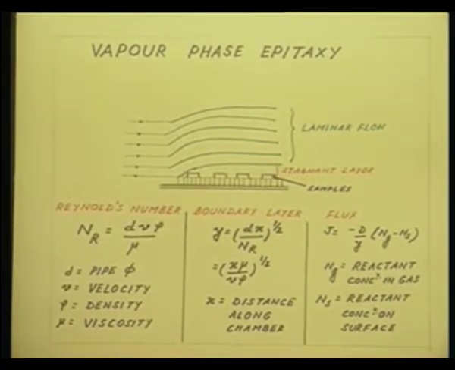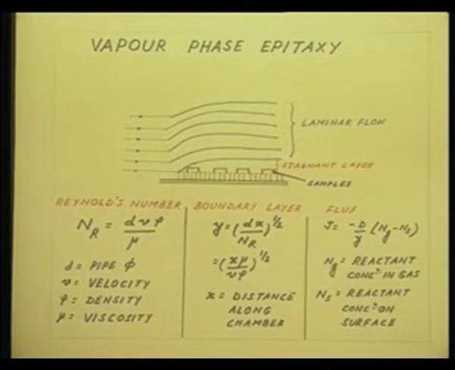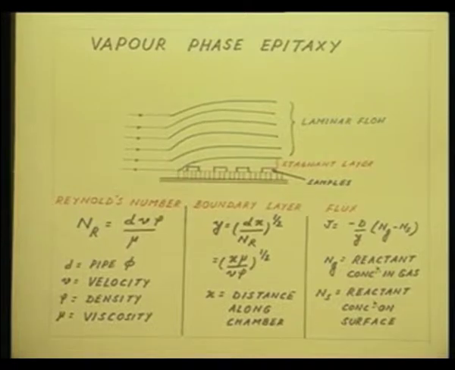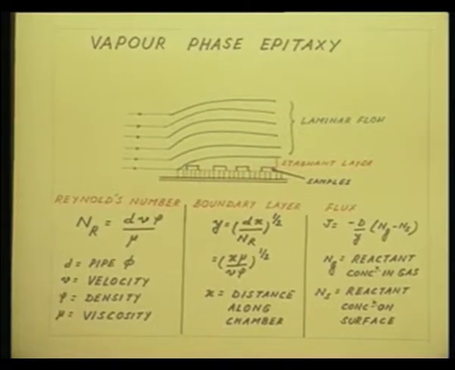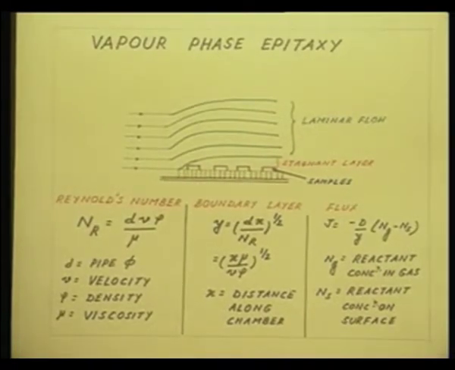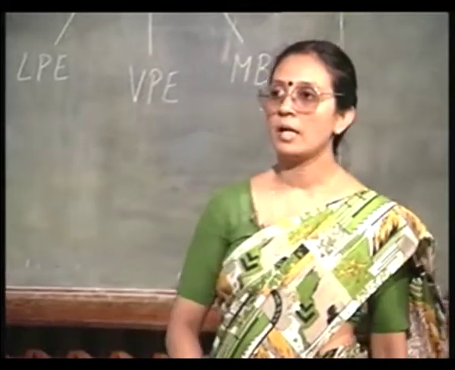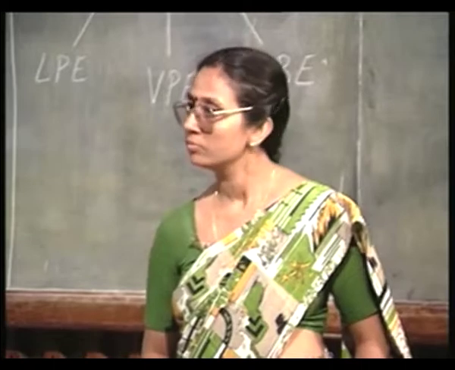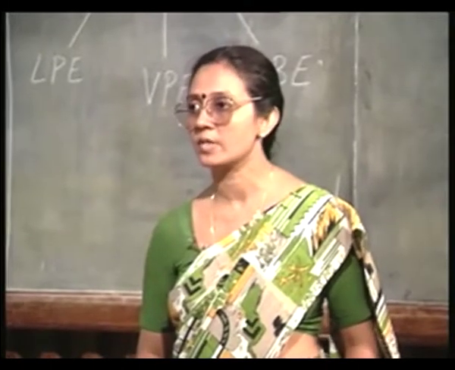The gas contains the reactants, and the gas flow is controlled by mass flow controllers. As the reactants flow over the samples, they react and there will be a deposition on top of the samples. This is essentially vapor phase epitaxy.